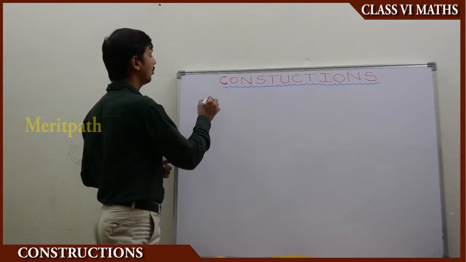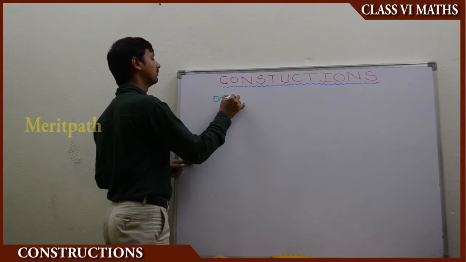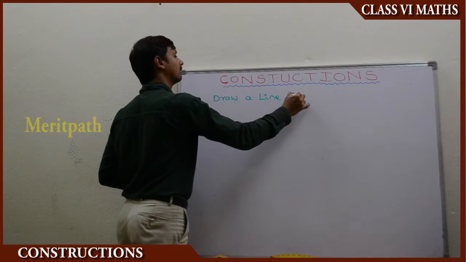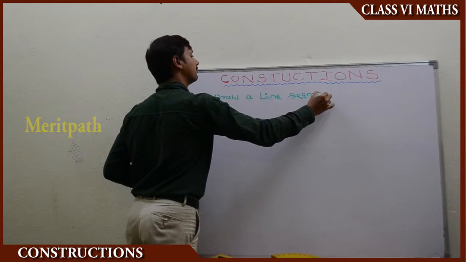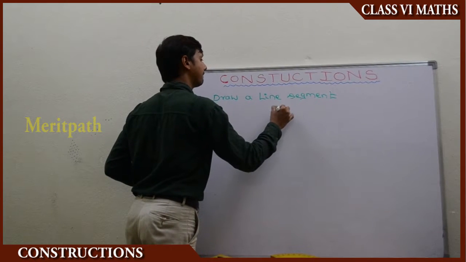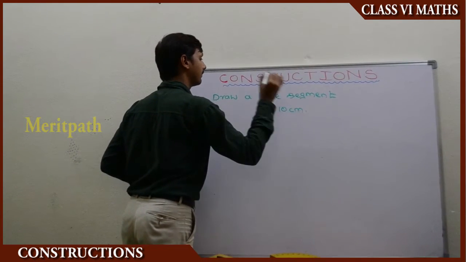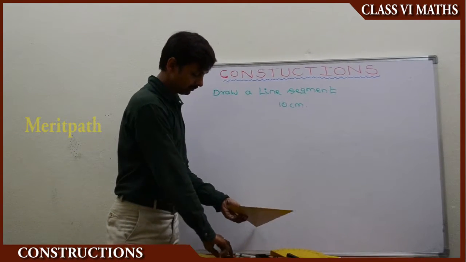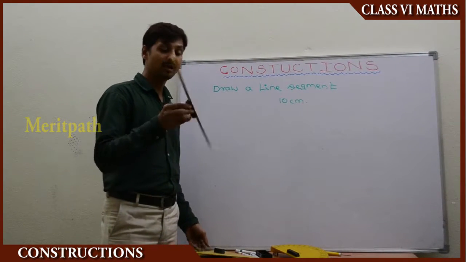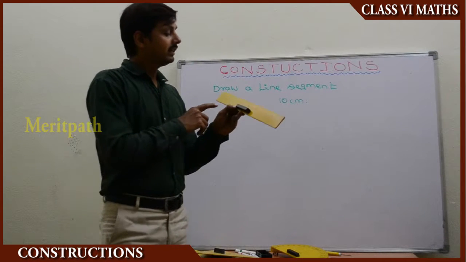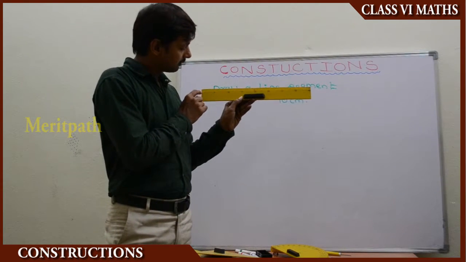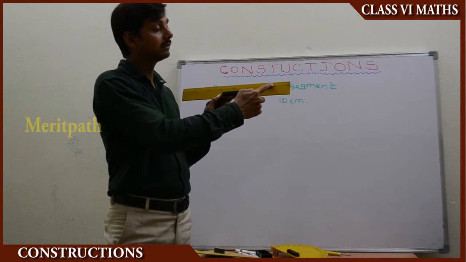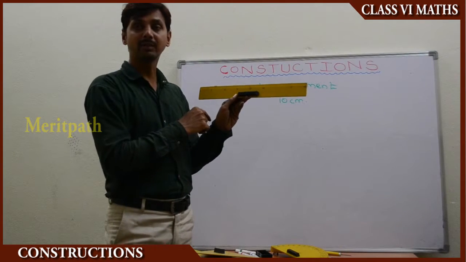Draw a line segment of 10 centimeters. Let's take the ruler, the scale we have taken, and you can see centimeters are given: 0, 5, 10, 15, 20, 25, 30, 35, 40. These are the centimeters.